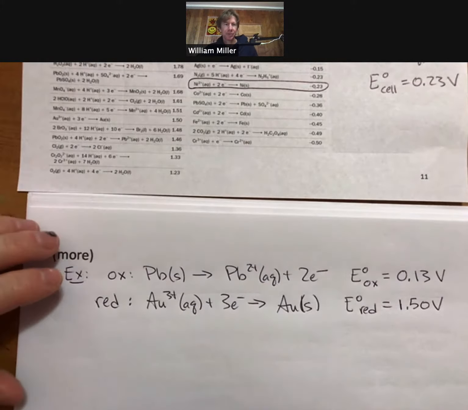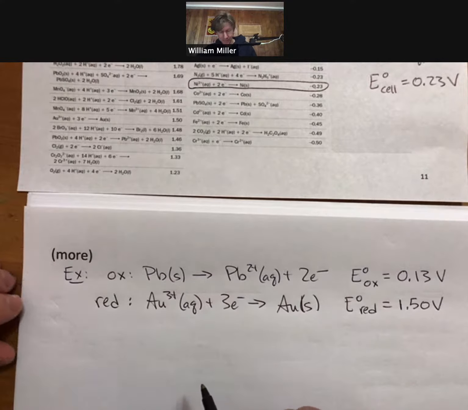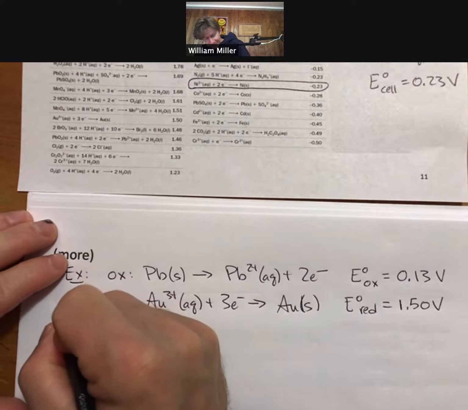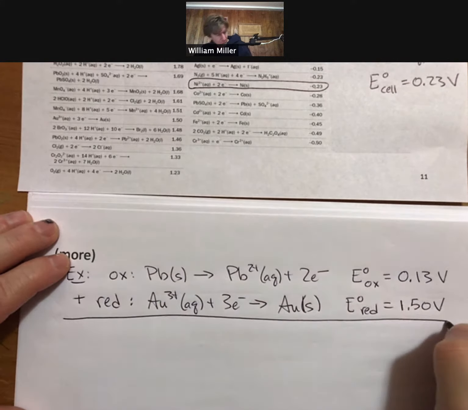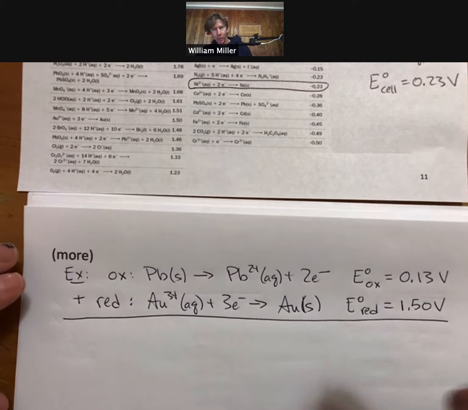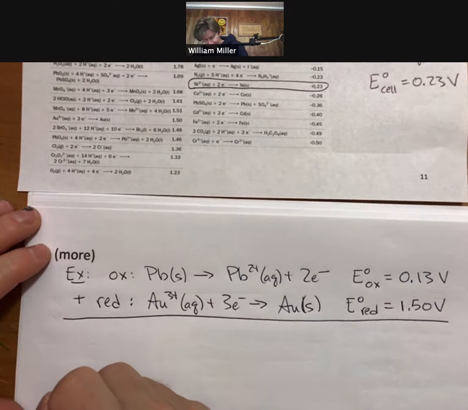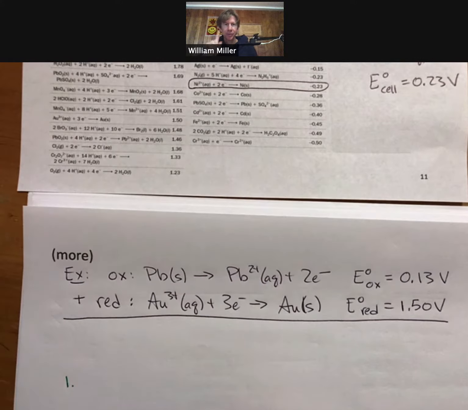That is positive 1.50 volts. And what we're going to do to get our cell potential is we're going to add these up with a couple key things to keep in mind here. First, the number of electrons must exactly cancel.